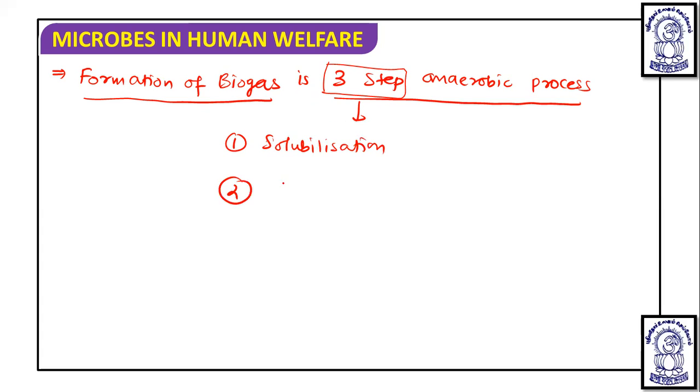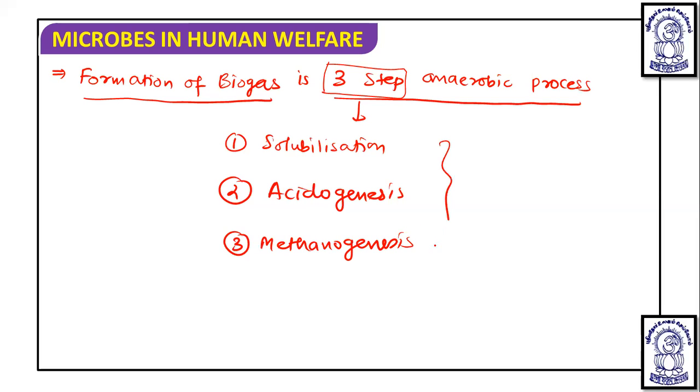Number two, acidogenesis. And number three, methanogenesis. And all these steps occur in a concrete tank or a digester. Now, how do these three steps occur?